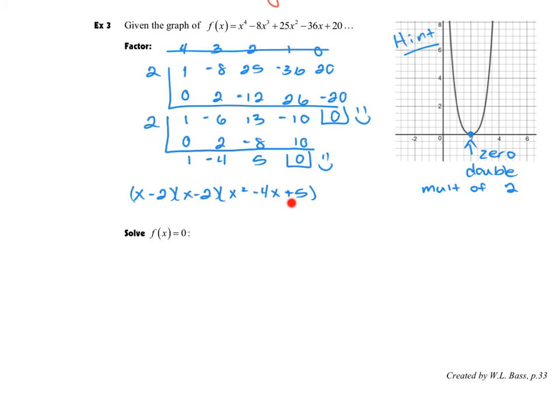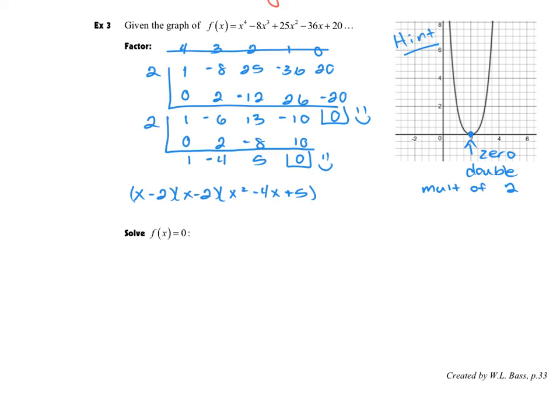If this factored, then I should be able to find its zeros somewhere along the x-axis. But since there aren't any, I know that these zeros can't be real numbers. They have to be something imaginary. So I can stop right here with my factoring, knowing it's not going to factor.